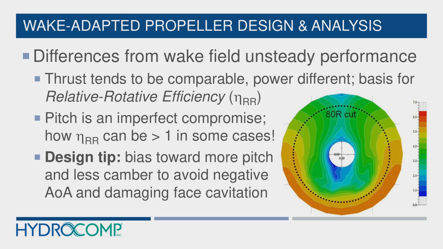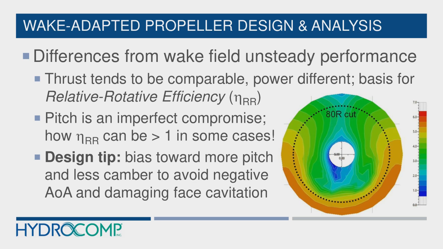So the thrust balances out, but that variation is an increase in drag in each direction. So the torque is going to be different. And it's this unsteady case, behind the ship, power and torque differential that's really the basis for the relative rotative efficiency, the third of our hull-propulsor interaction coefficients.